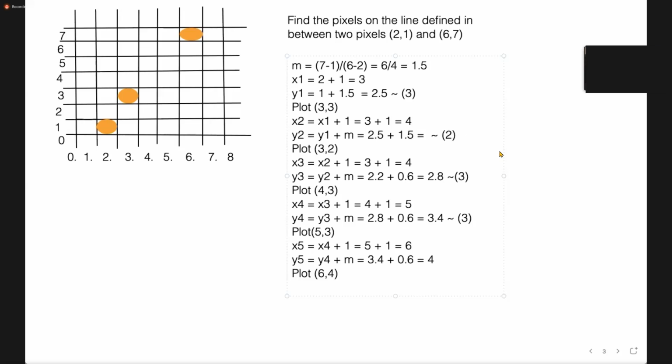No approximation, anything. Plot 4, 4. So again I will plot 4, 4. 4, 4 means somewhere here.